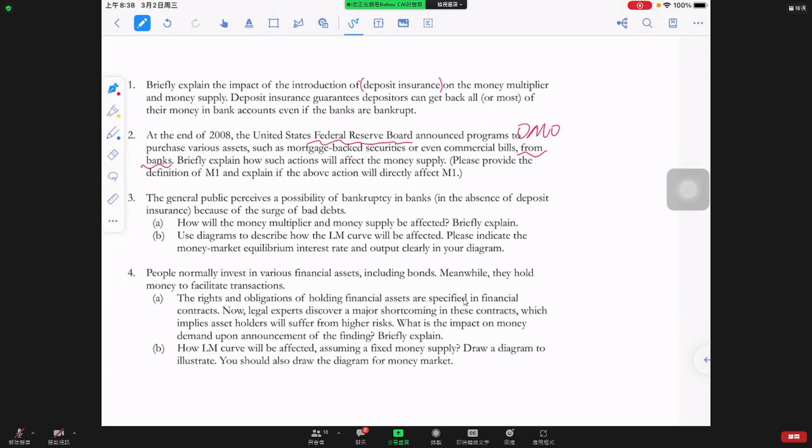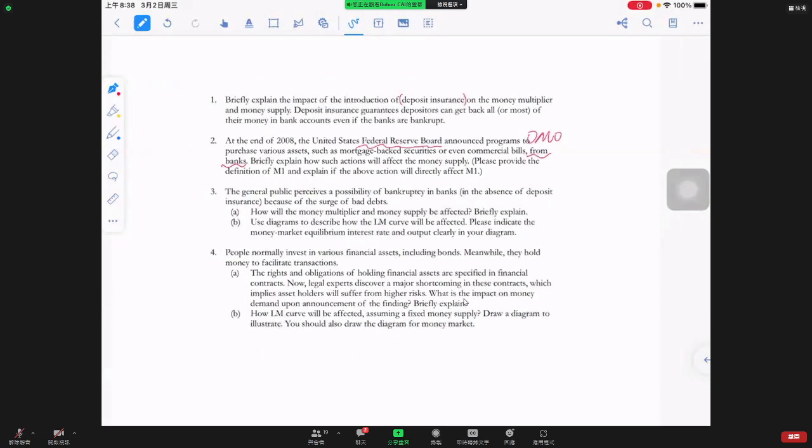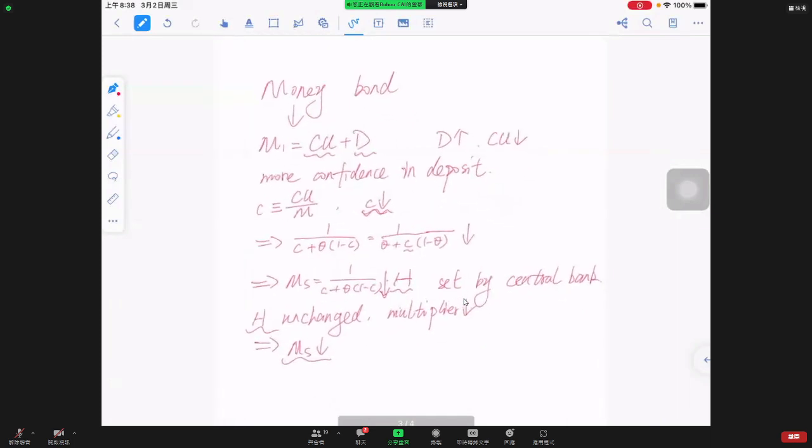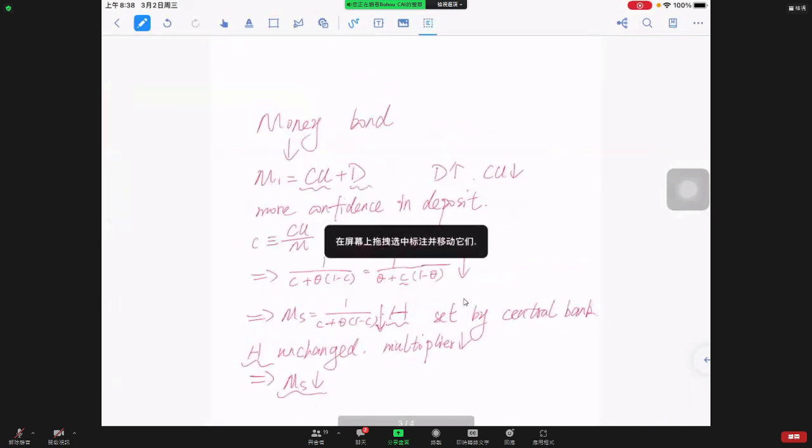Because the central bank buys assets from the commercial banks, securities or commercial bills or bonds. These are all financial assets. So recall what happens with an OMO.